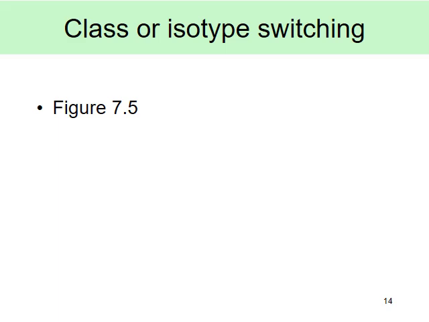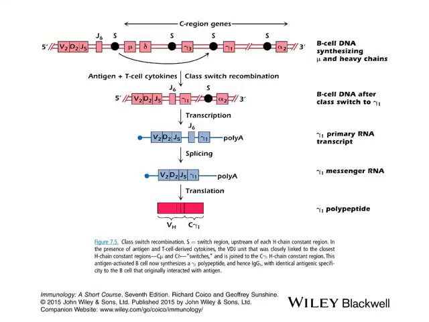Okay? So let's go back now to another concept, which is class or isotype switching. Now, again, the sequence, and this pretty much is the same if you notice. This is standard protein synthesis that you can read in biochemistry, cell biology, and so forth.